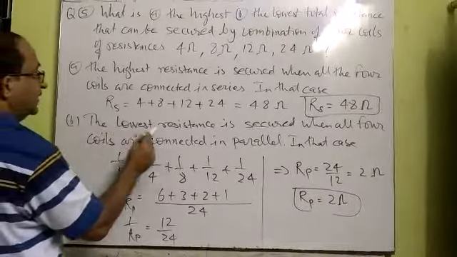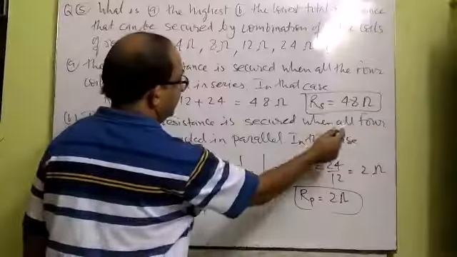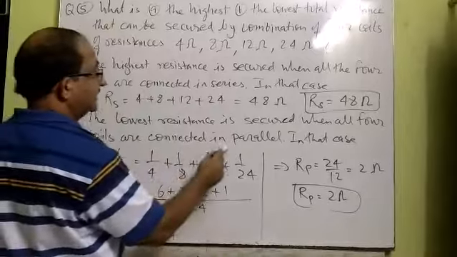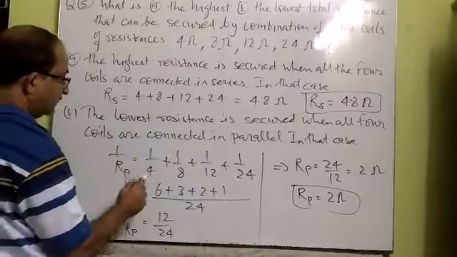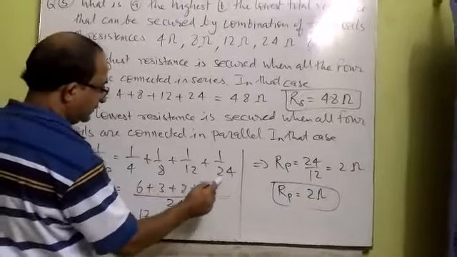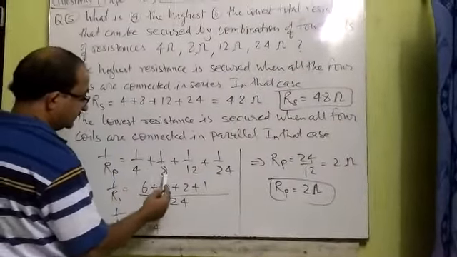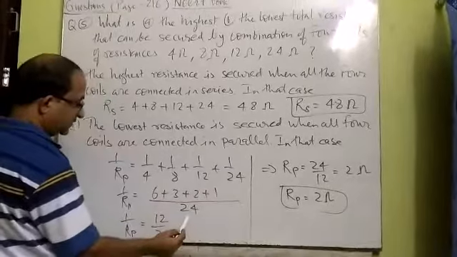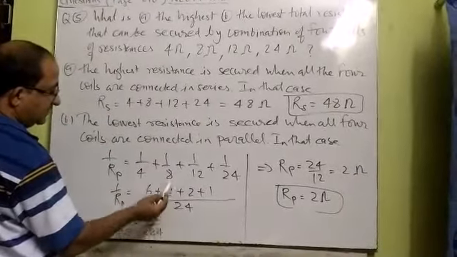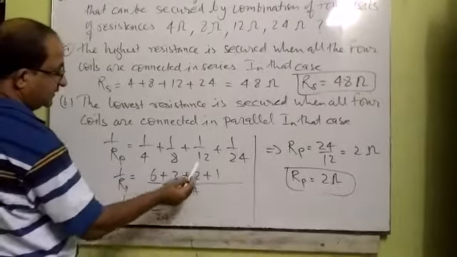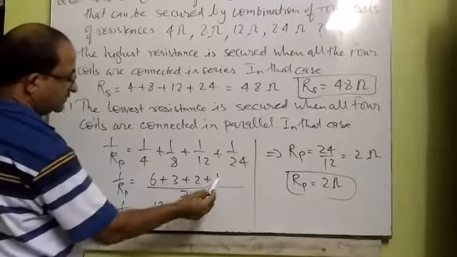Part B, the lowest resistance is secured when all four coils are connected in parallel. In that case, we can apply the formula 1 upon Rp is equal to 1 upon 4 plus 1 upon 8 plus 1 upon 12 plus 1 upon 24. We can take the LCM of 4, 8, 12, 24, which is 24 only. 24 divided by 4 is 6, 24 divided by 8 is 3, 24 divided by 12 is 2, and 24 divided by 24 is 1.